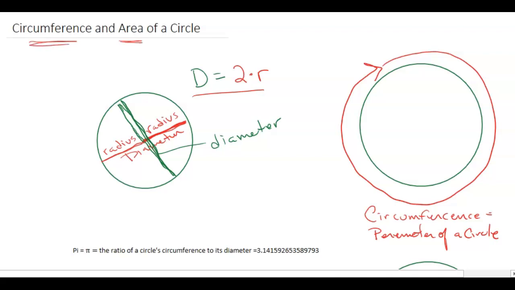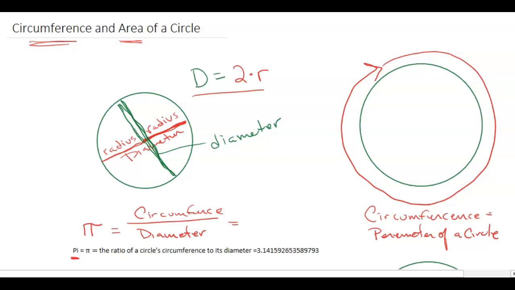But in doing that, we'll need a special constant, and that constant is known as pi. You might have seen pi before. It's often used with the Greek letter for pi. Pi is the ratio of the circumference of a circle, the distance around, divided by the diameter. If you take all kinds of circles of different sizes and measure their circumference and their diameter, it would always have the same ratio.